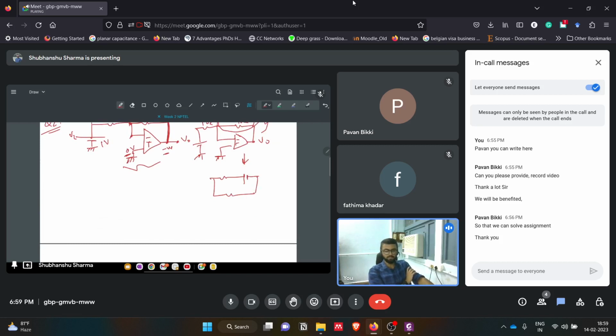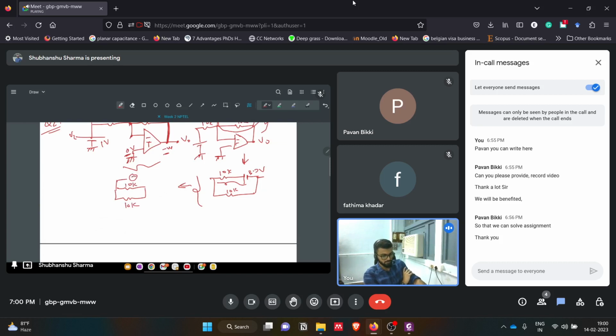These are the tricks you come to know when you practice a lot. So this is 10K, this is 10K, and this is 3.2 volts. To simplify, we can change this to a current source. It will be like this: 10k, 10k, and a current source, with the direction like this.